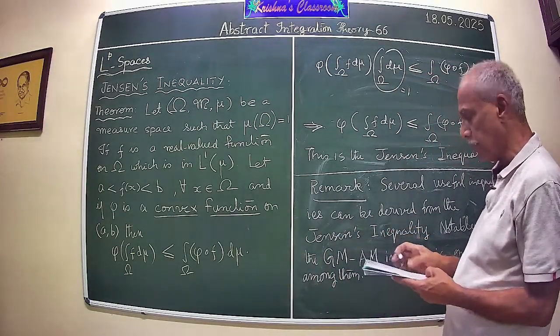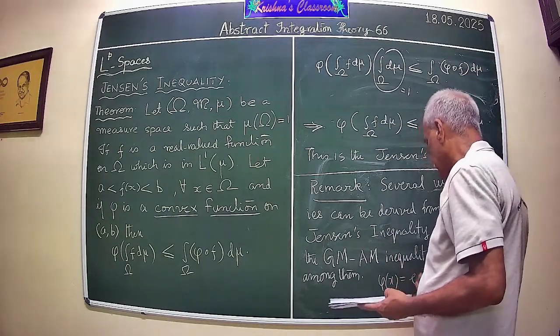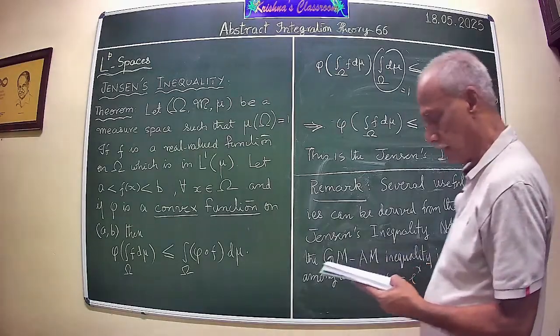Now the choice that you make is phi x equal to e power x, which is an exponential function.